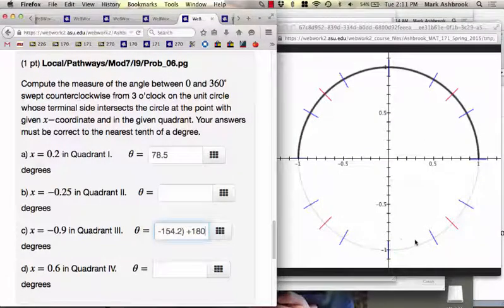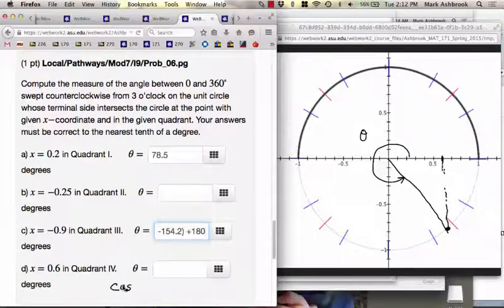Ready? Here we go. So 0.6 takes us about there, and we're looking for this angle here. Can you lead me through this one? Okay, so we'll do the inverse of cosine of 0.6, and then we get 53.1.